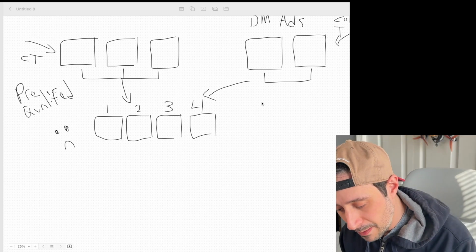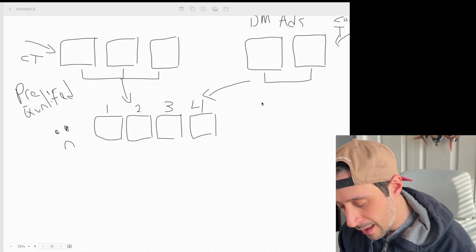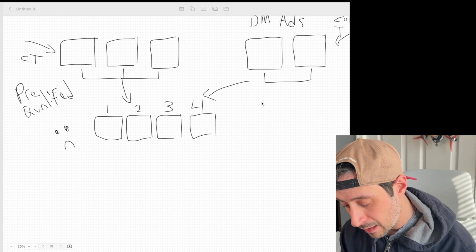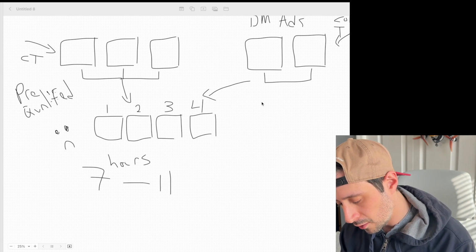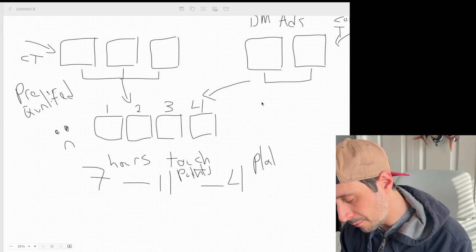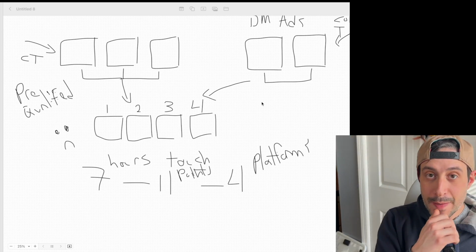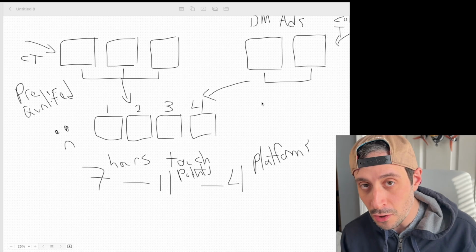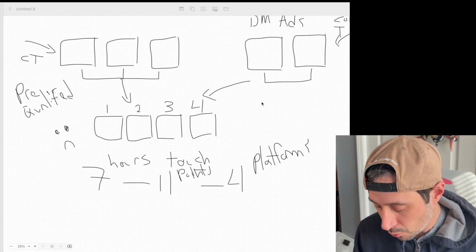But when people first interact with you, Google states that they did a study that shows that people need to consume about 7 hours of content on 11 touch points on 4 platforms. So people are taking a longer route to making a buying decision, and that takes a longer time. So how do we get 7 hours, 11 touch points, 4 platforms?